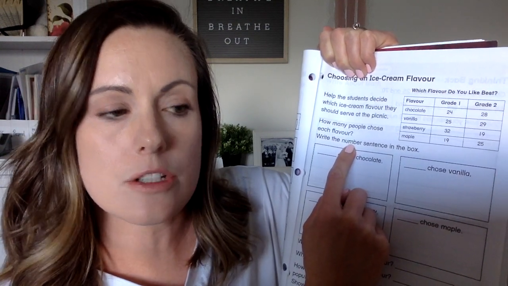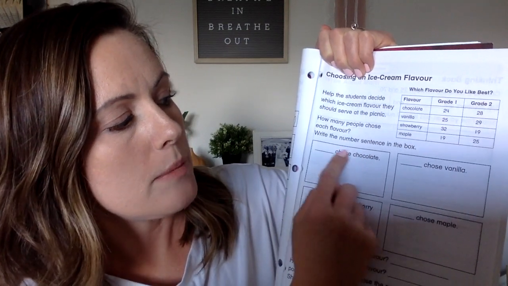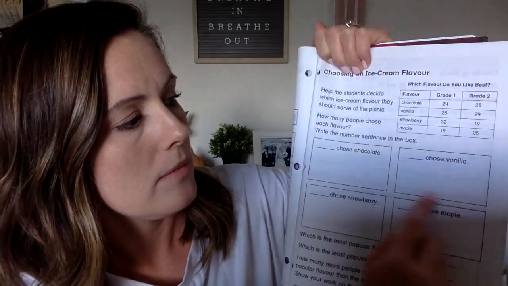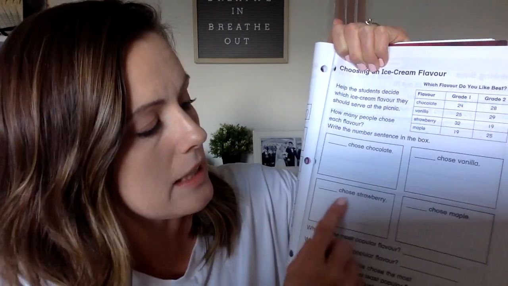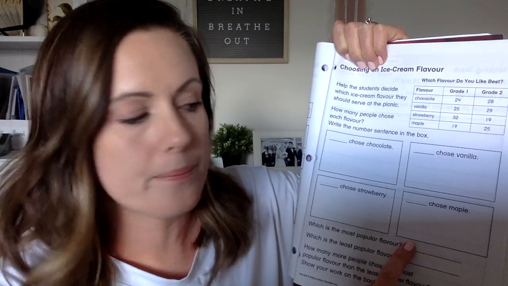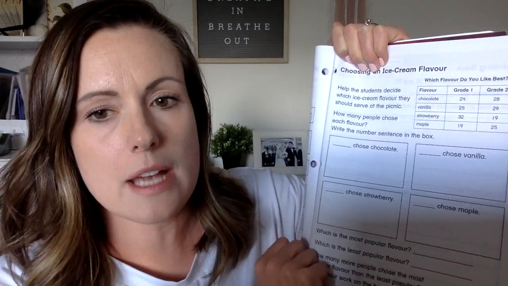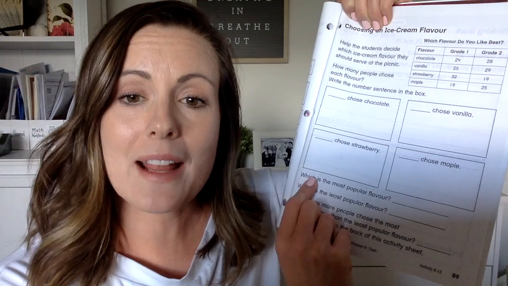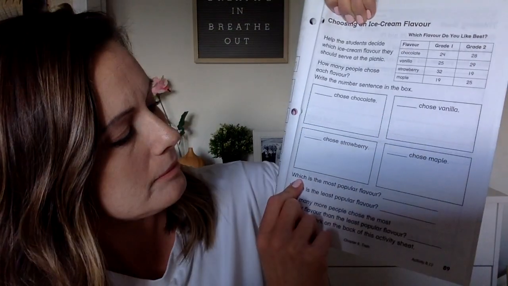Is that going to be addition or subtraction? Making sure you're filling the answer in as well as showing me a number sentence. Next one is how many chose vanilla, how many chose strawberry, and how many chose maple. All of that information's up there. Okay, after you're done that part, if you'd like, go ahead and do that part, pause the video, and then come back to it while I explain this one.